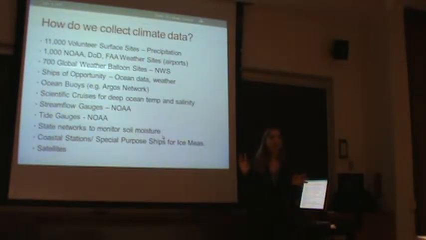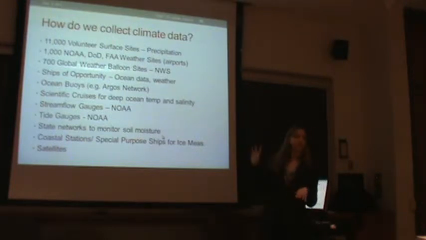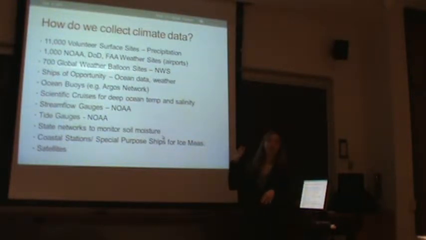Right now, and this isn't exhaustive, but this is a pretty good selection of some of the things that we use in the United States to understand climate. There's a whole bunch of volunteer surface sites. These are little weather stations that are run by volunteers. They collect precipitation. If they have decent machines, they can do snowfall and some other, more complicated things.